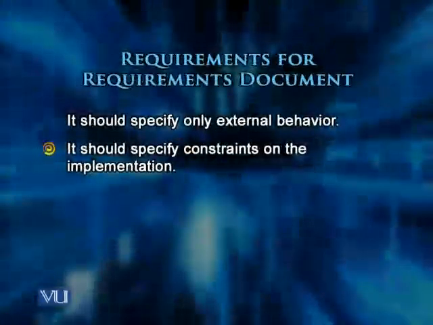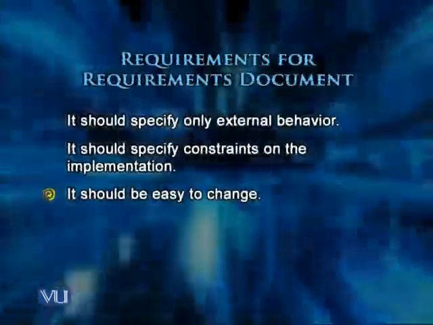Number 2, it should specify constraints on the implementation. You see, these constraints can help us limit the solution space. In some cases, these constraints can be punitive, so that our solution space becomes very small, but in many cases, these constraints help us in putting the boundaries around a solution.